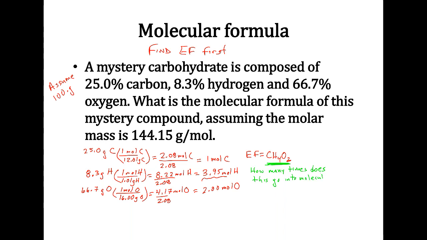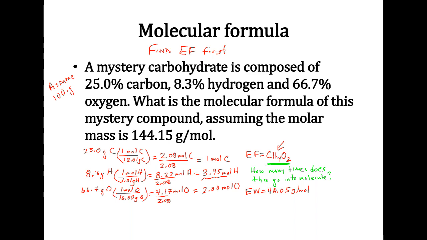So what we need to do is go ahead and find the empirical weight. So you should have practice finding molar masses, formula masses. So go ahead and find the empirical weight for this formula right here, CH4O2. What you should find is it's 48.05 grams per mole. You might want to double check that.